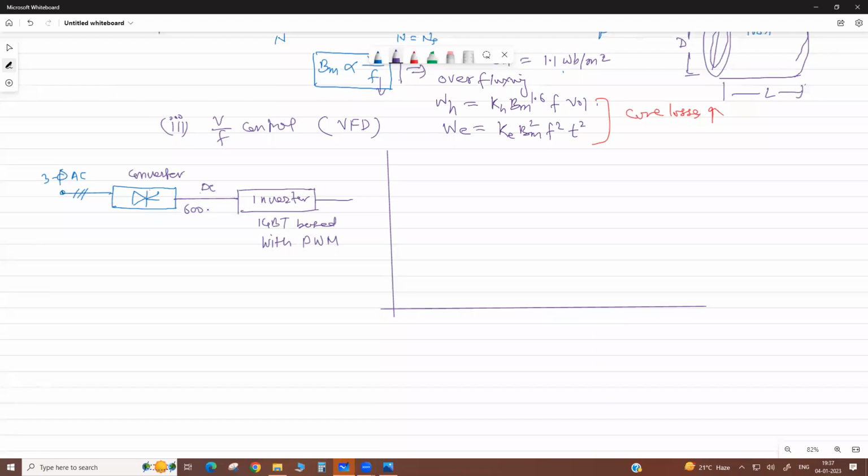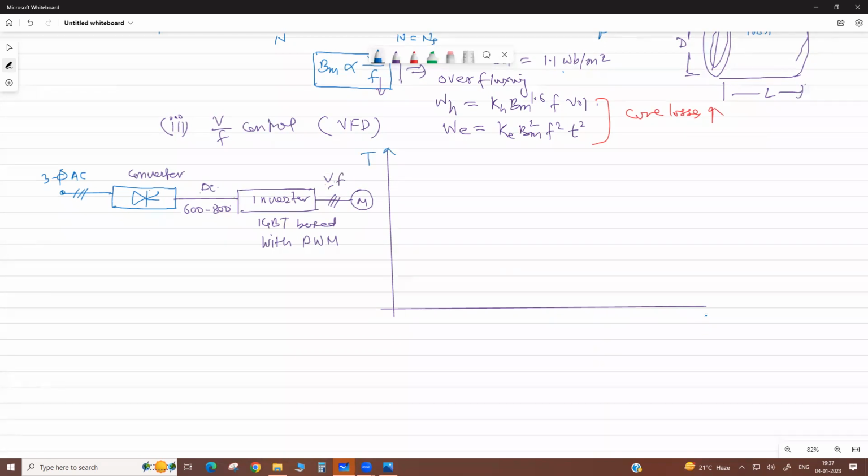It may be 600 to 800 volts DC we get. Then it goes to the inverter, then we again get three-phase AC, and this is your motor. So here we get both variable voltage and variable frequency.